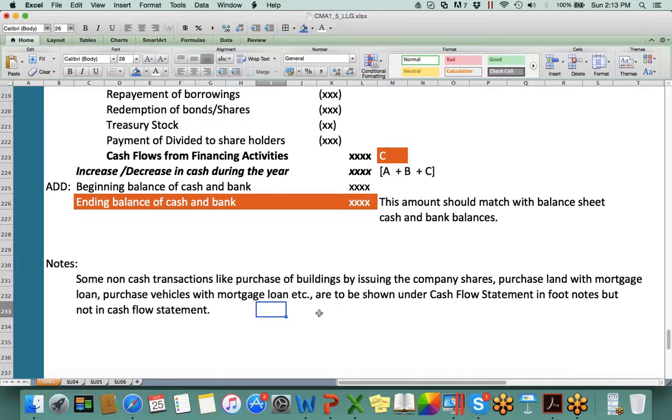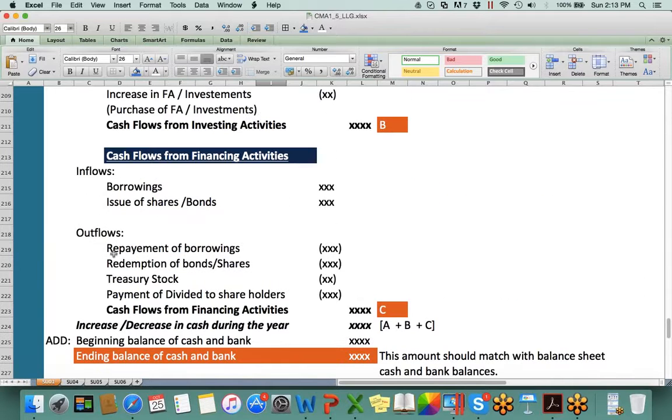Suppose you are buying a building, but we are giving our company shares to the owner. Or you are purchasing land, but the bank is directly paying the loan amount to the landowner, not to us. Our liability will increase, our asset will also increase, with no cash inflow and no cash outflow. Of course, the loan will be paid later.